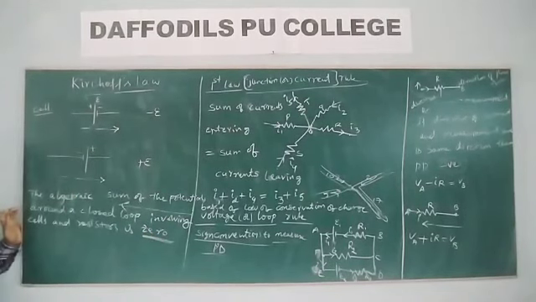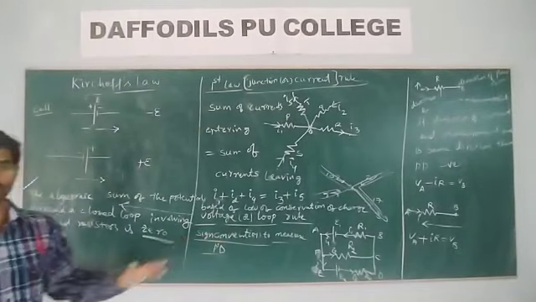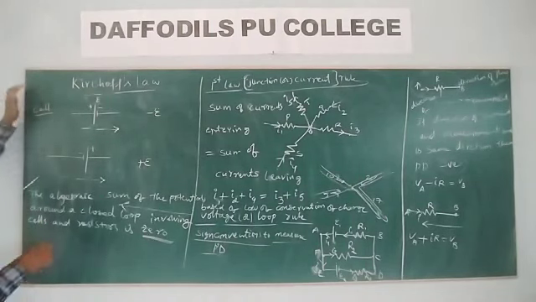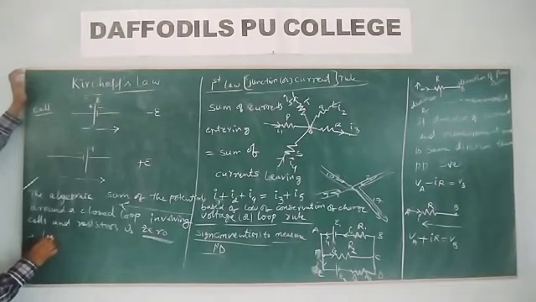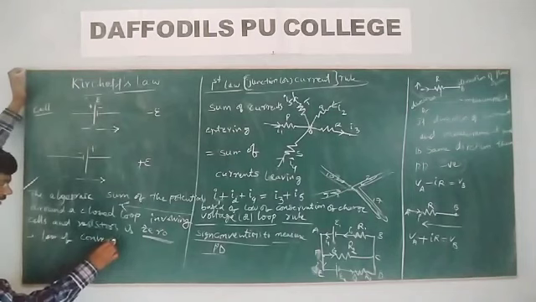This is a very, very important one. So what is the voltage rule or loop rule? According to the voltage rule or loop rule, the algebraic sum of the changes in potential around a closed loop is 0. It is based on the law of conservation of energy.